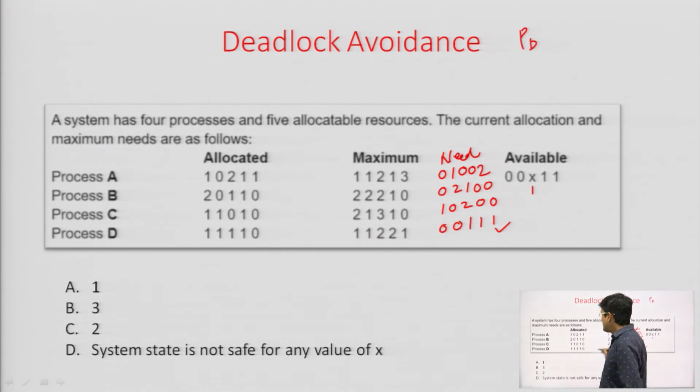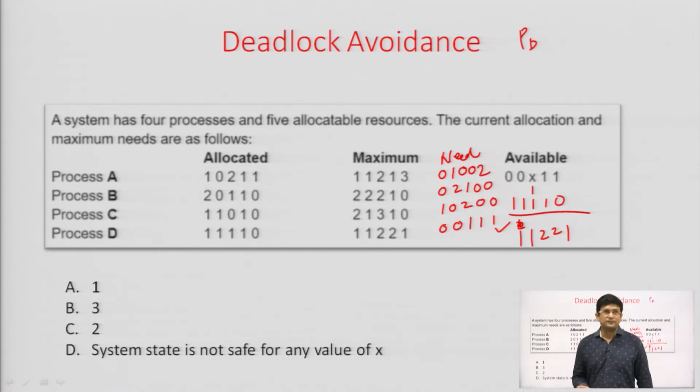The allocated resources to the process D are 1, 1, 1, 0. These are added to the available ones. So, this becomes 1, 1, 2, 2, 1. Whichever need can be matched with this can be satisfied. For example, it can be matched with PC and PB also. PA cannot be satisfied at the moment.